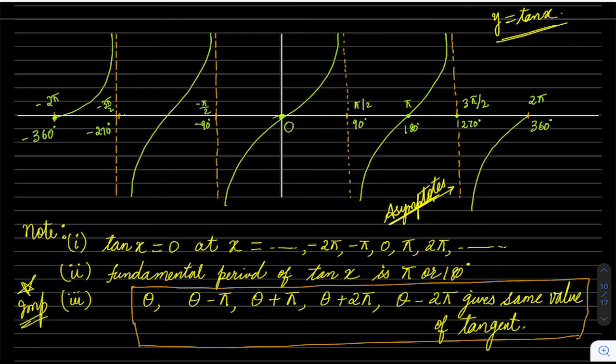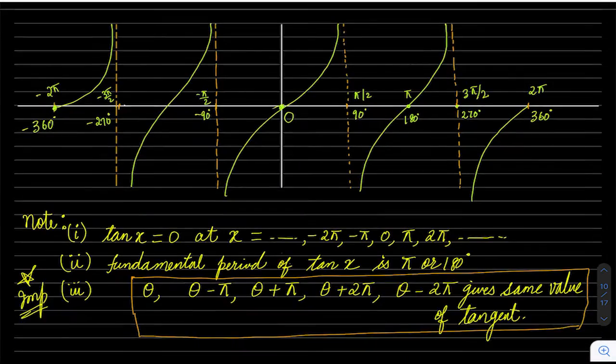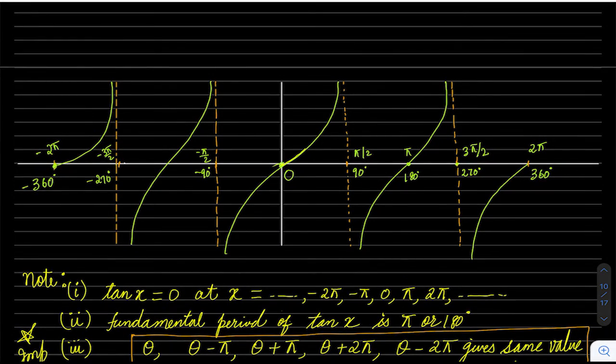For example, if I look from 0 to 90 degrees, my graph keeps on increasing like this, and it will never touch this line, that is x equal to 90 degrees, or x equal to pi by 2.